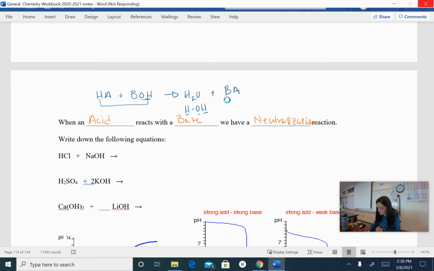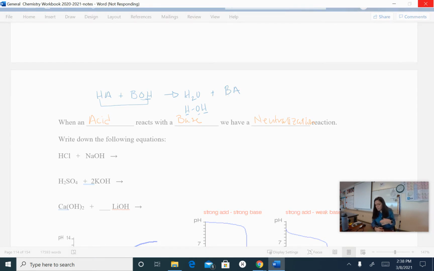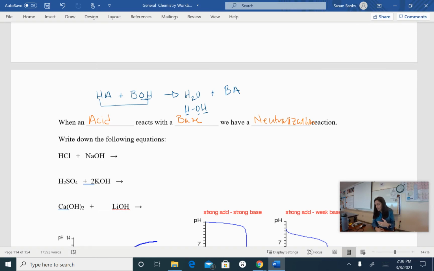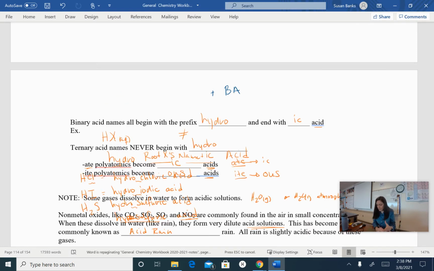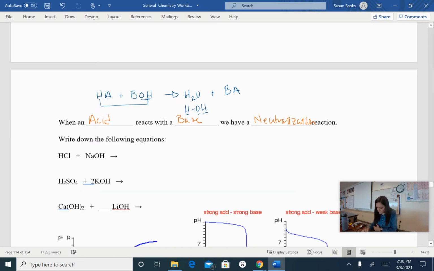And then we make an ionic salt, where B is usually some kind of metal or positive ion, and A is some kind of nonmetal or negative ion. So we make an ionic salt. Okay, where B is a positive ion and A is a negative ion.